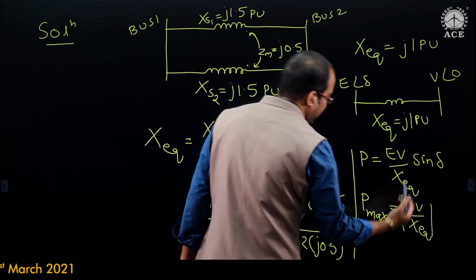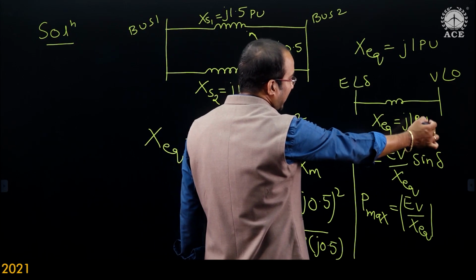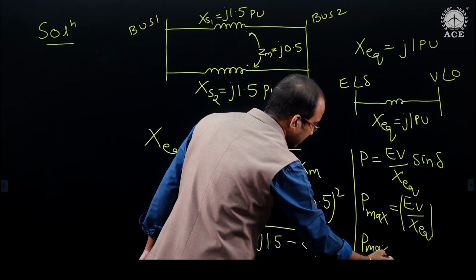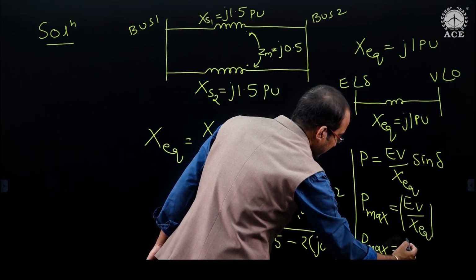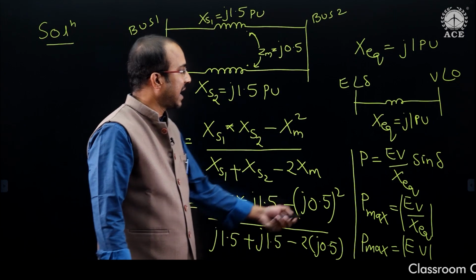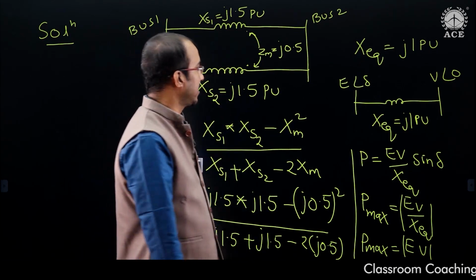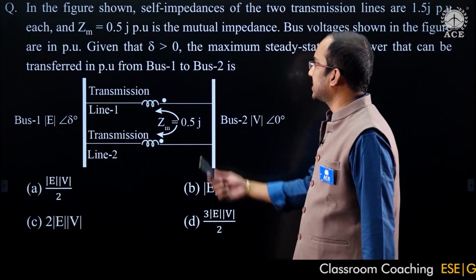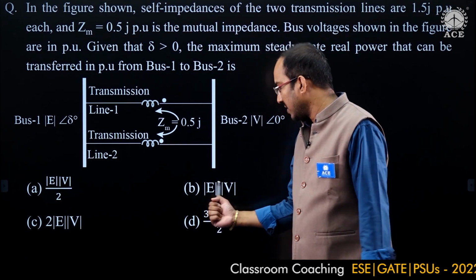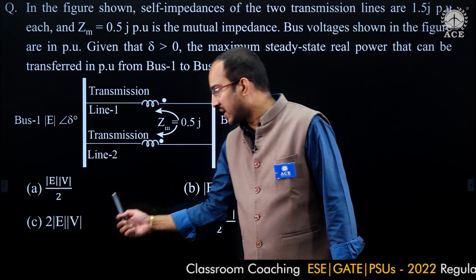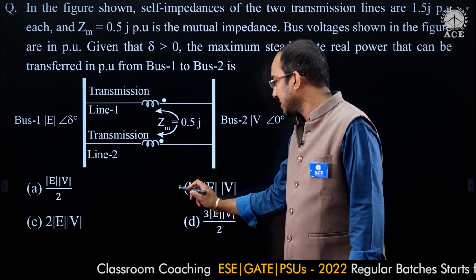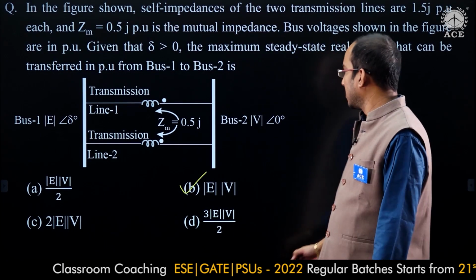As X equivalent is 1 per unit, we can write P max as magnitude of E into V. So, the answer is E into V. Now, let us observe the options: option A is EV by 2, option B is EV, option C is 2 times EV, option D is 3 by 2 times EV. So, the answer is option B.